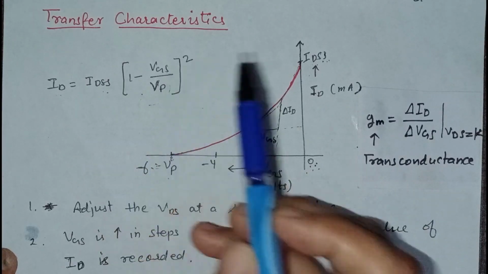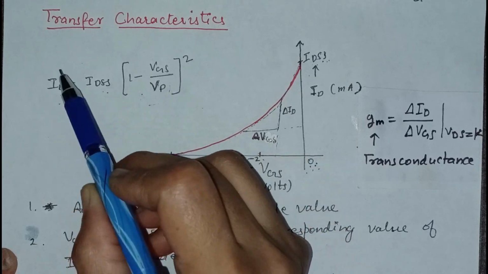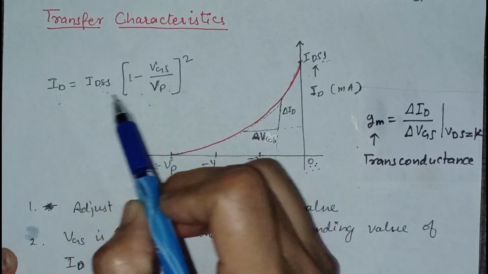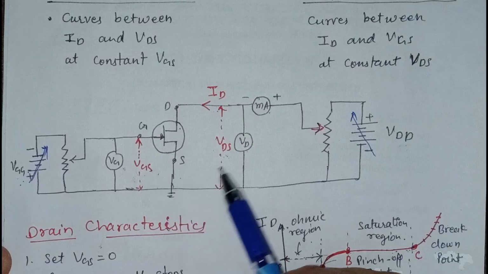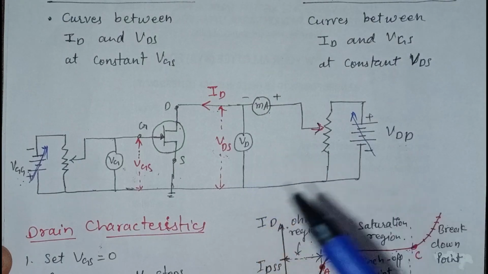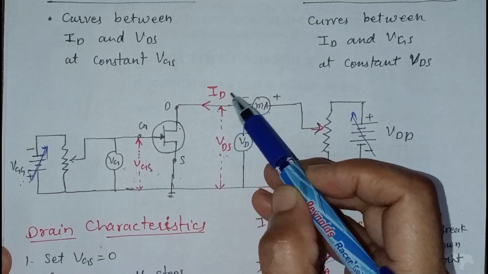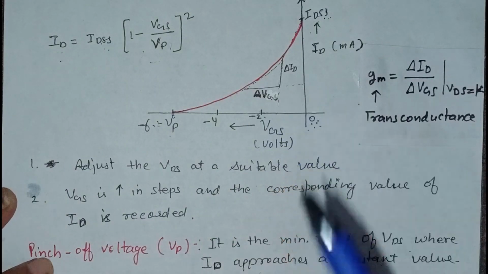By using this equation, we will change the value of VGS and get the value of ID. These two terms are fixed, and by experimental method we will set some value of VDS and change the value of VGS in steps and note down the value of ID. Then using this data, we can draw this curve.